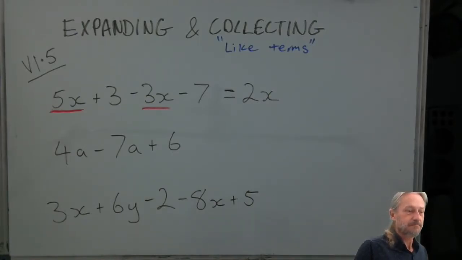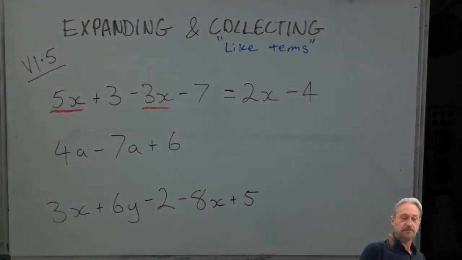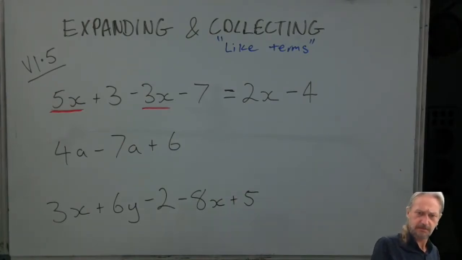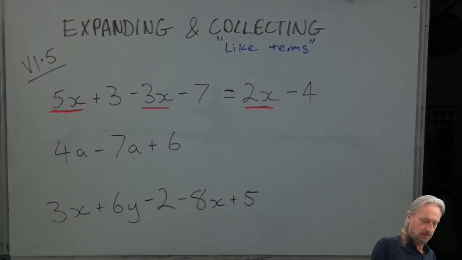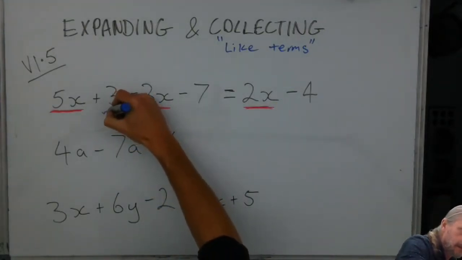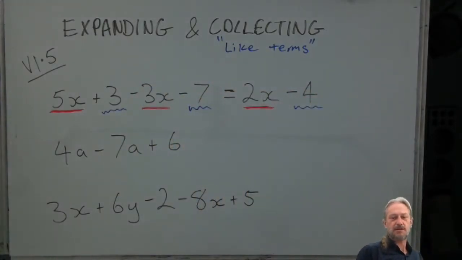So positive 3 take away 7 is going to give us negative 4. So let's just color code that, and we'll put a line under that to show where those things came from.